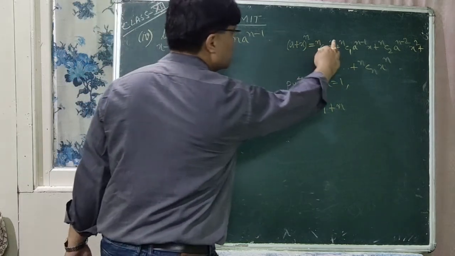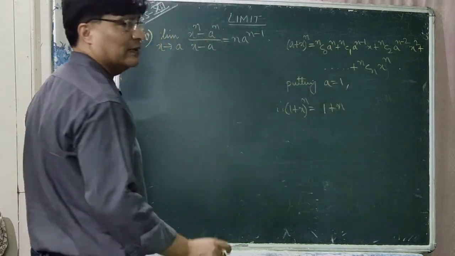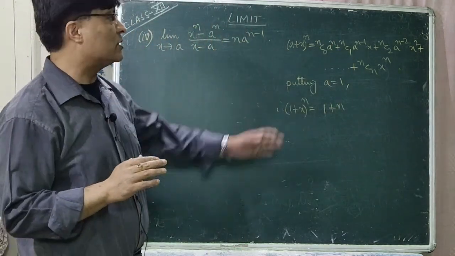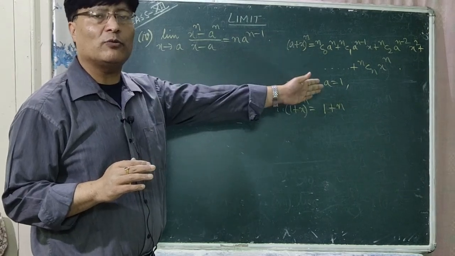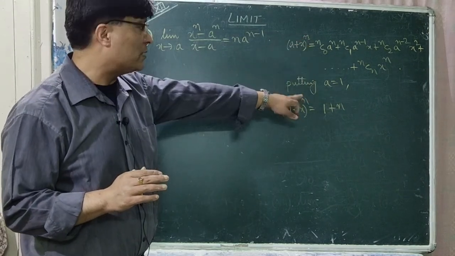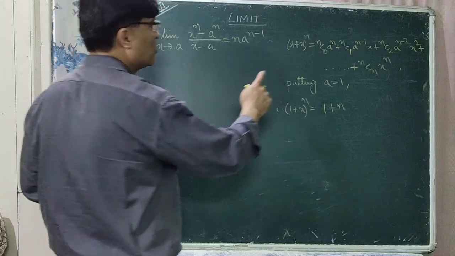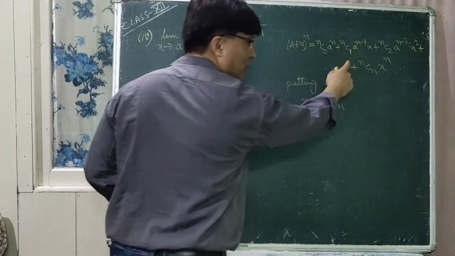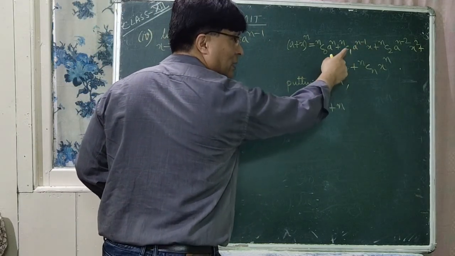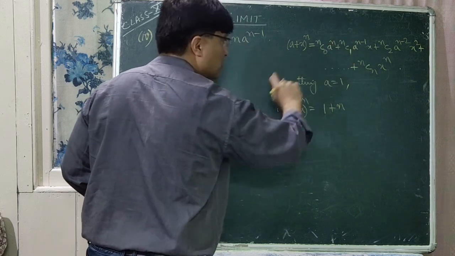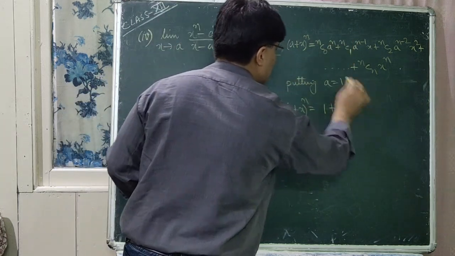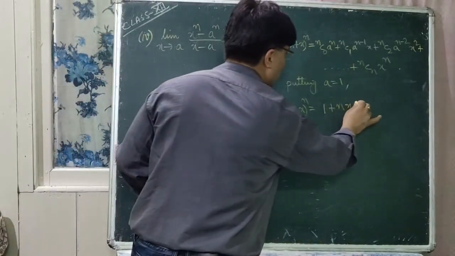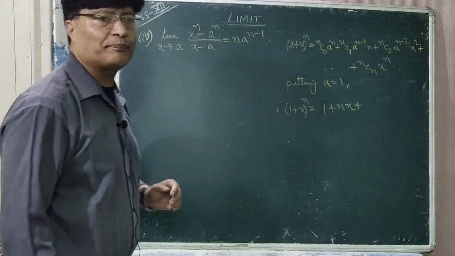Now what is nC1? It is always n. nC1 means starting from n there should be only one factor, that is n only. And a to the power n minus 1, with a equal to 1, is 1. So 1 into x is x, and it is 1 plus nx. Plus, what is nC2?